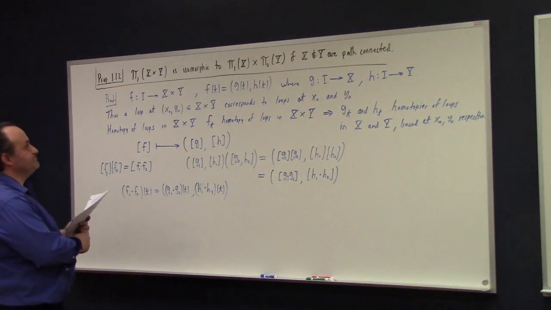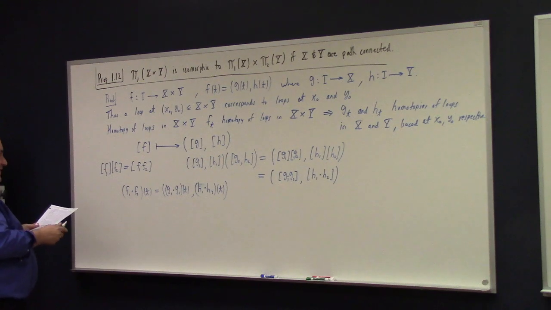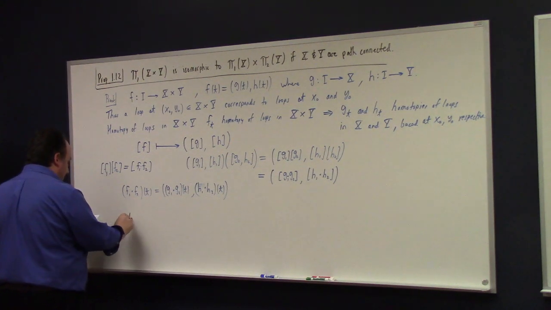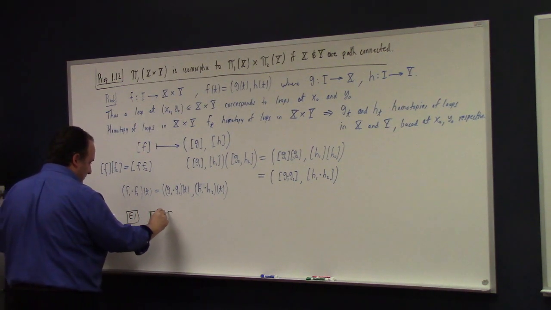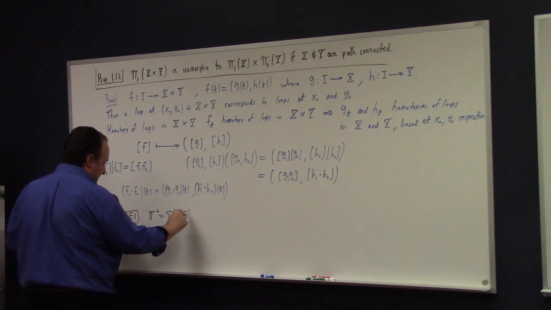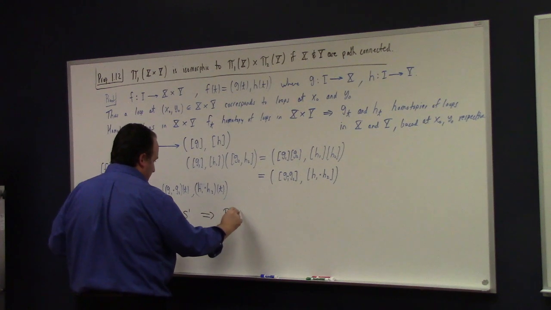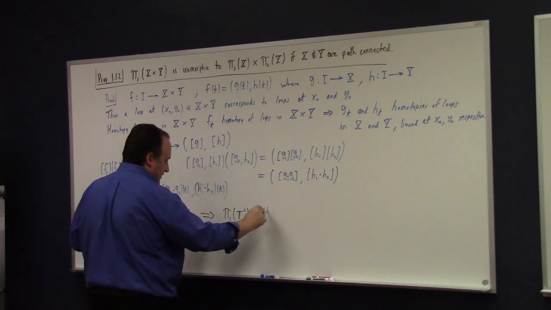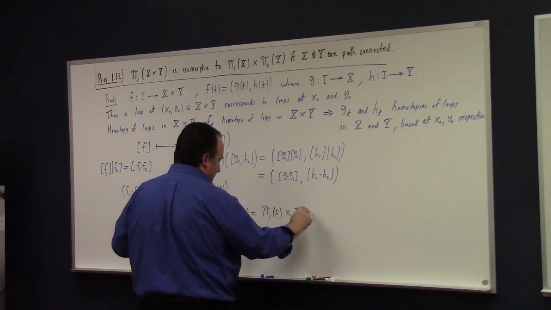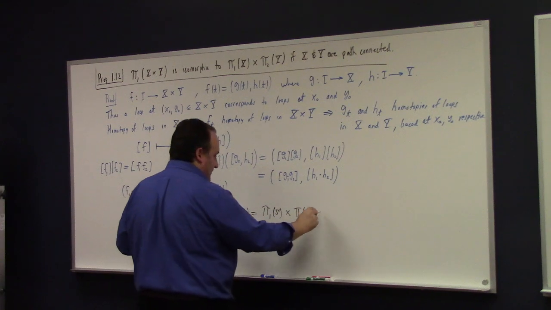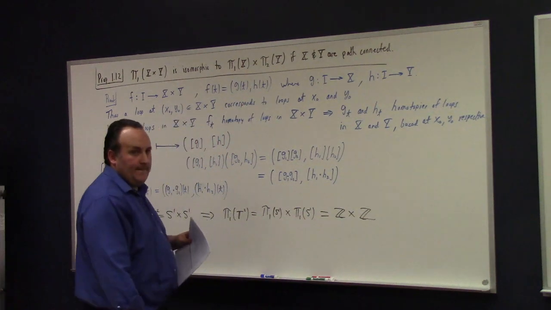And so if we think about the torus, remember the 2-torus is just S1 cross S1. So we see that the fundamental group of the 2-torus is the fundamental group of the circle, direct product with the fundamental group of the circle, which is Z cross Z, from last time.